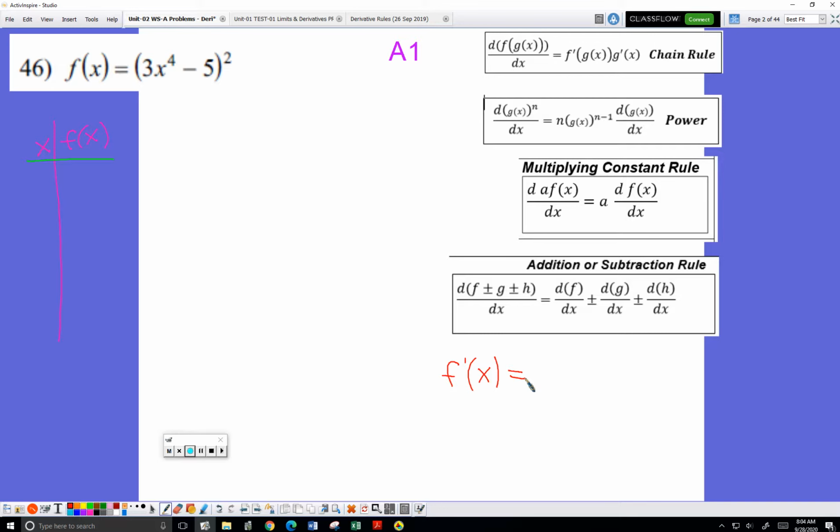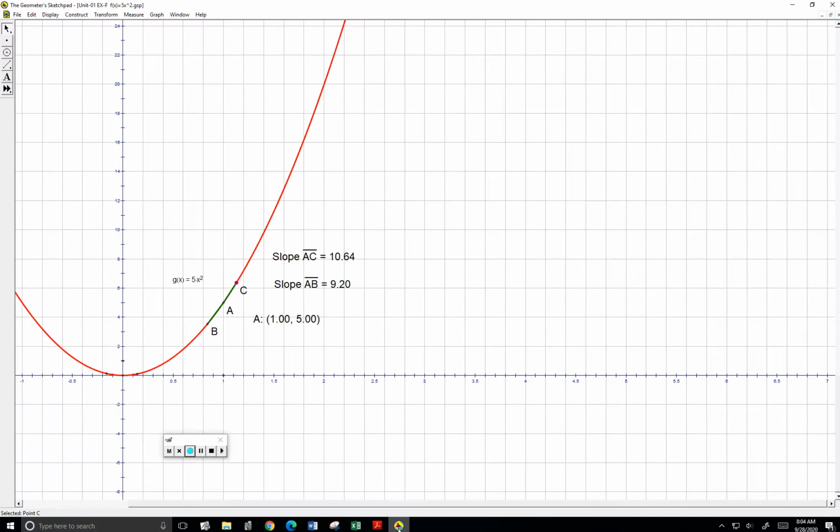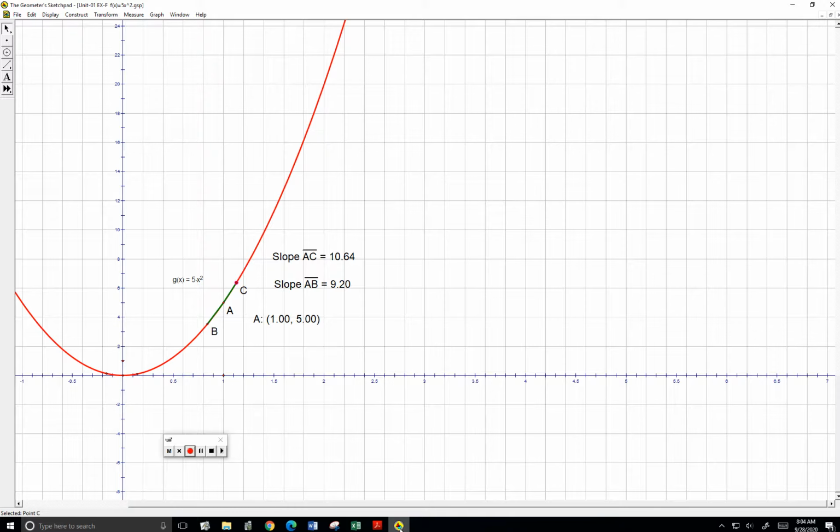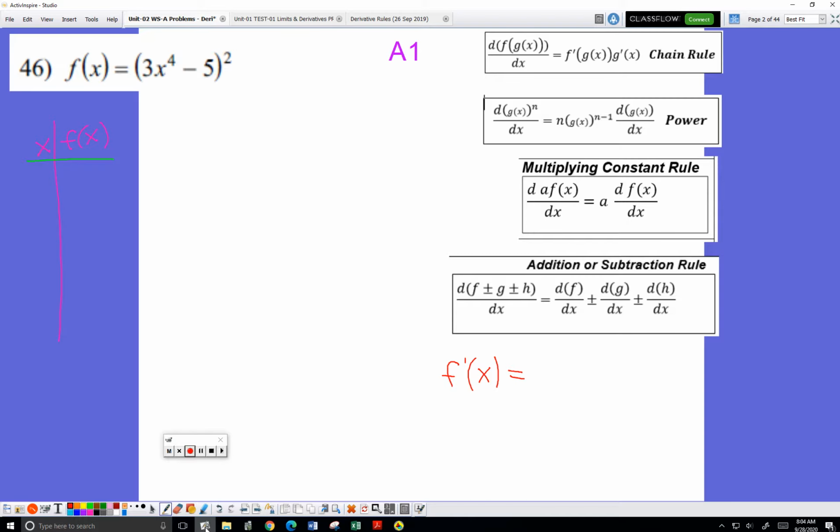And the process of creating the formula ultimately does boil down to this idea of secant to the left, secant to the right, but the shortcuts make it a lot quicker. So we're skipping the steps in between, which is how you get from secant slopes to a formula for a tangent slope. That isn't tested in our class. We're just going to go right to the shortcuts. Questions or curiosities so far?